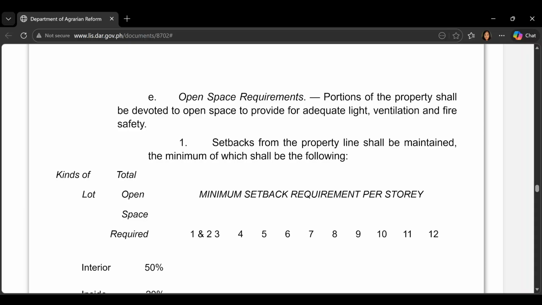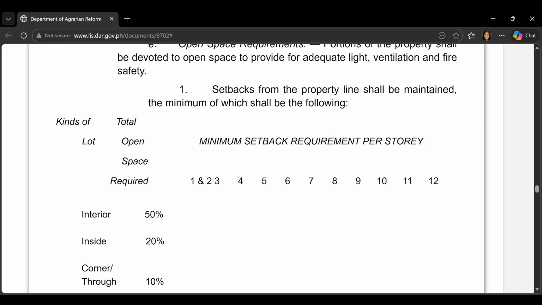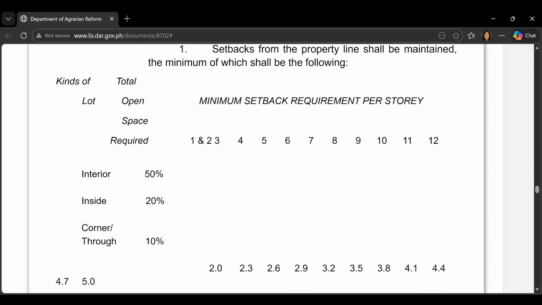So there is a table, the kind of lot, and the total or the minimum setback requirement per story. Open space required. Okay. So if it's an interior lot, 50% is required to be total open space.